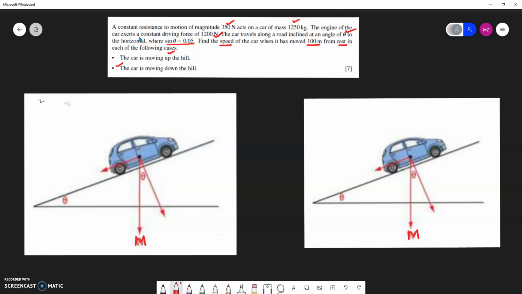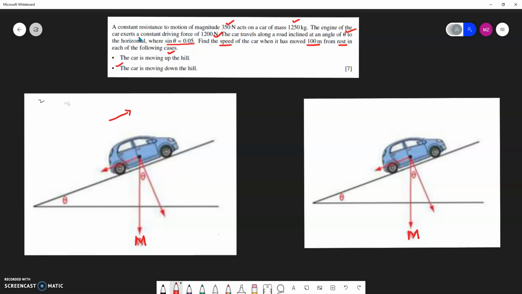So first of all, we need to find the speed of the car when it is moving up the hill, that is in this direction. We need to figure out what the different forces acting on this car are when it is moving up the hill.